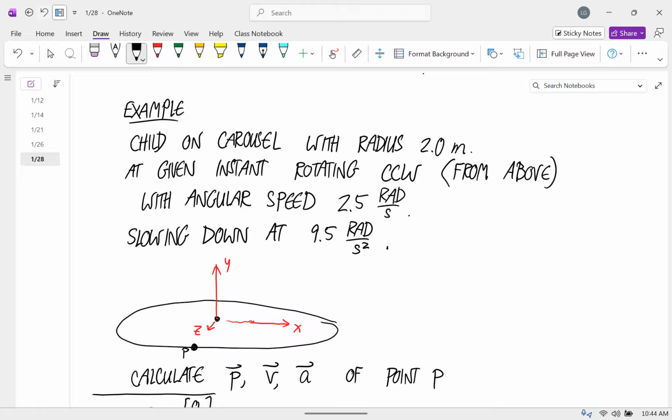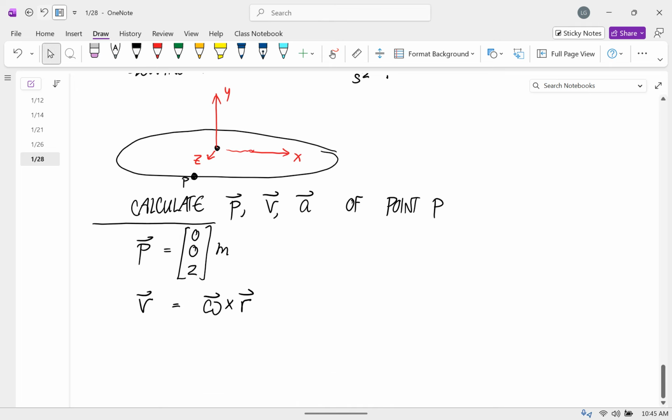So move your fingers in the direction of a counterclockwise rotation. Your thumb is in the positive y direction. So omega is 0, 2.5, 0. This is in radians per second.